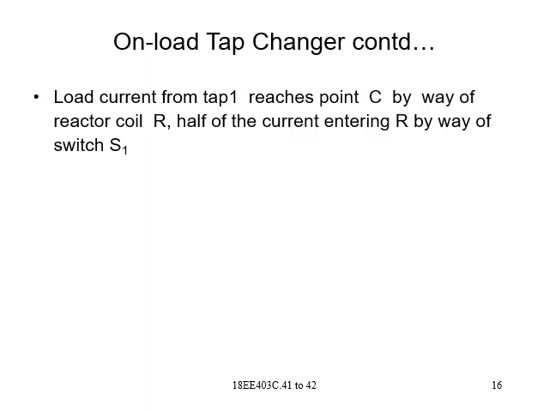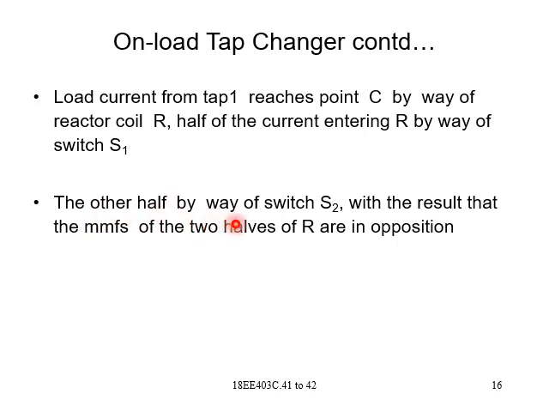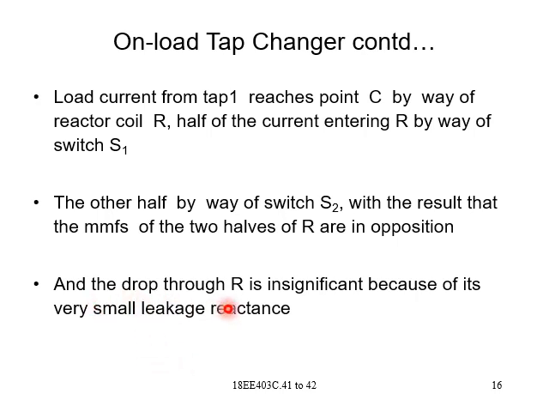Load current from tap 1 reaches point C by way of reactor coil R, and half of the current enters R by way of switch S1, the other half by way of switch S2, with the result that the MMFs of the two halves of R are in opposition, and the drop through R is insignificant because of its very small leakage reactance.